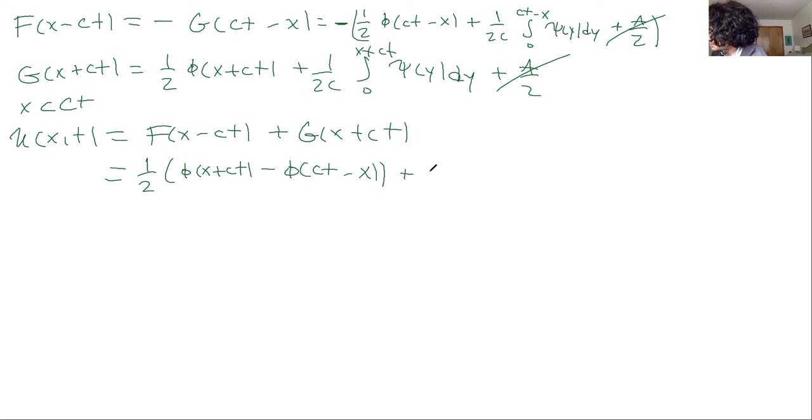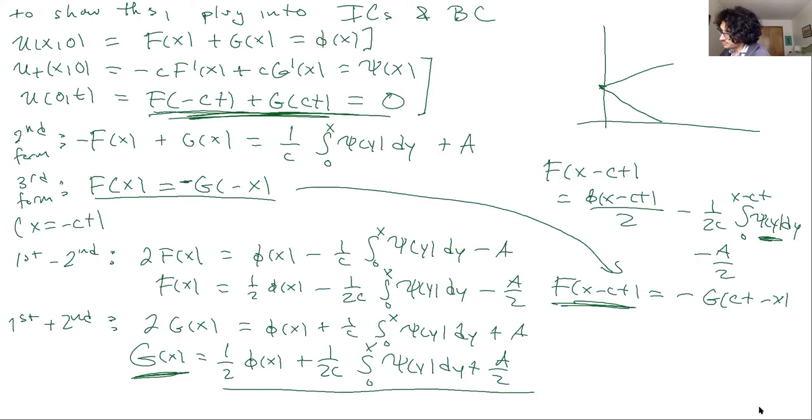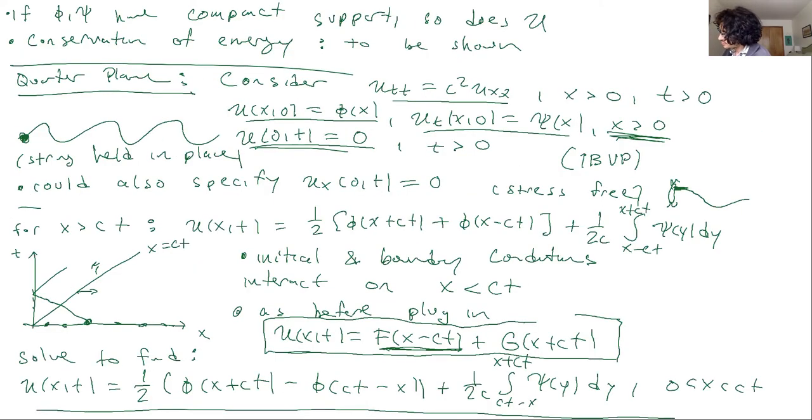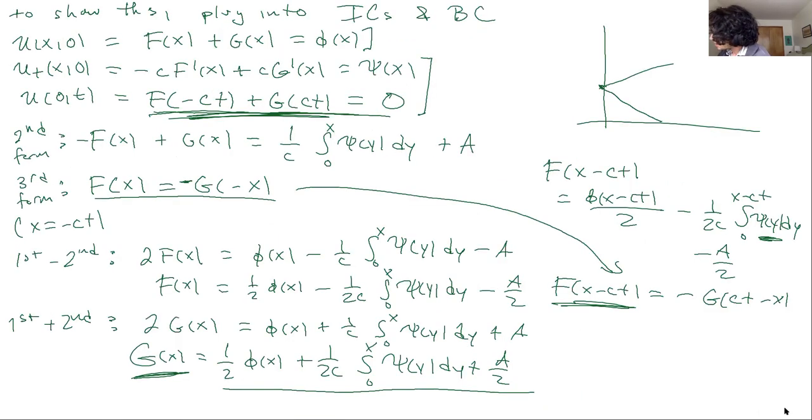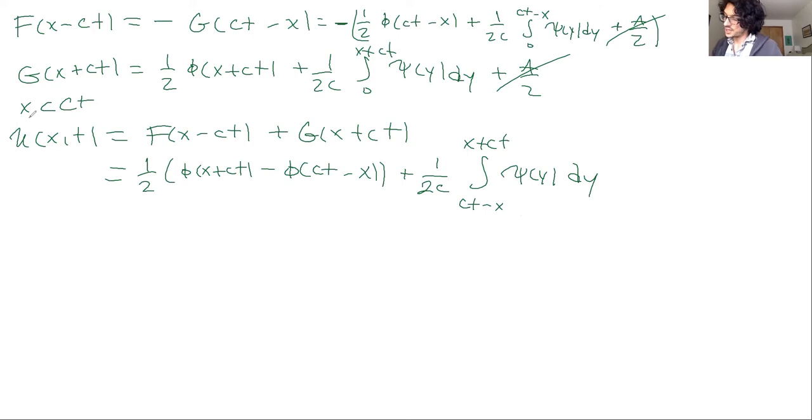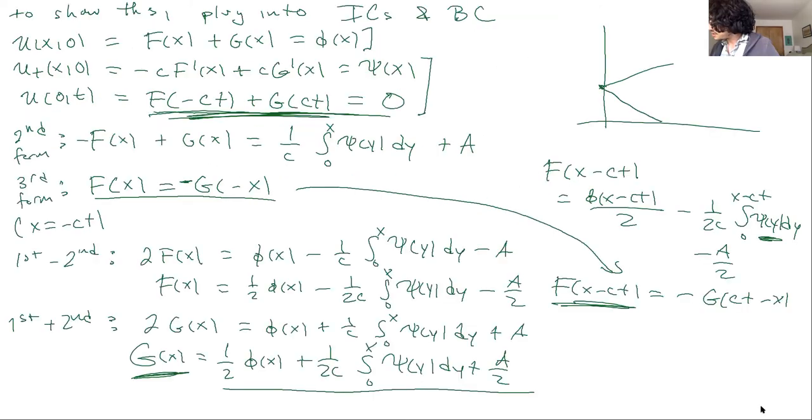And plus 1 over 2c, the integral from ct minus x up to x plus ct of psi of y dy. And if I check back at my formula that I wrote down before, indeed, that's exactly what I get, okay? So I have now the solution at x less than ct.